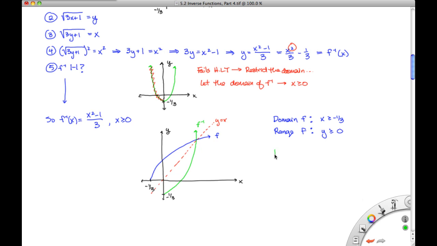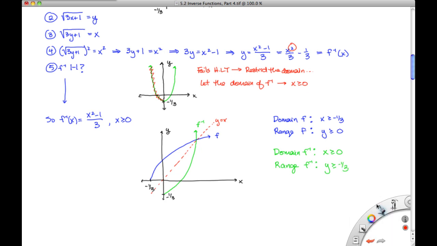And then if we look at the domain of f inverse, we had to restrict it specifically so that x is greater than or equal to 0. And looking at the range of this parabola, since it goes down to y equals negative 1/3 and then continues upward from there, y is going to be greater than or equal to negative 1/3.